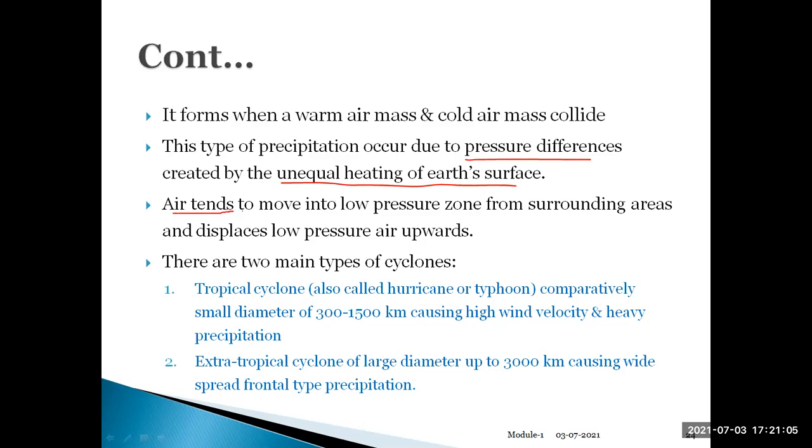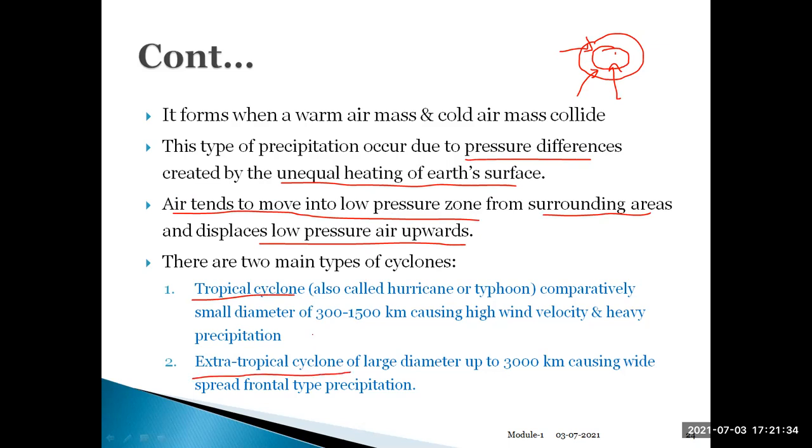And here the air tends to move into the low pressure zone from the surrounding area and displaces the low pressure air upward. So here what happens? The air will move towards the low pressure region. Whatever low pressure region is created, all the air masses will try to move towards it. There are two main types of cyclones, tropical cyclones and extratropical cyclones.